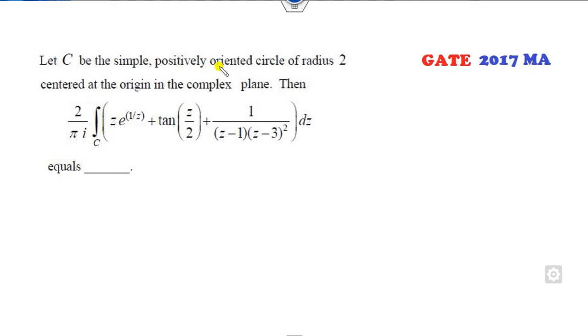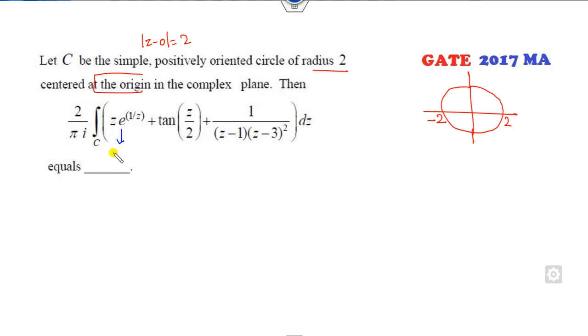Okay, C is the simple positive oriented circle of radius 2, center at the origin. Here we can draw the graph. Center 0, radius is 2. Fine. Now which of the following statements are correct? Okay, firstly we can find the pole of this, because the denominator is nothing.